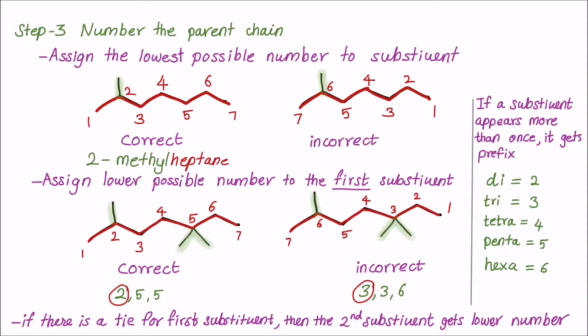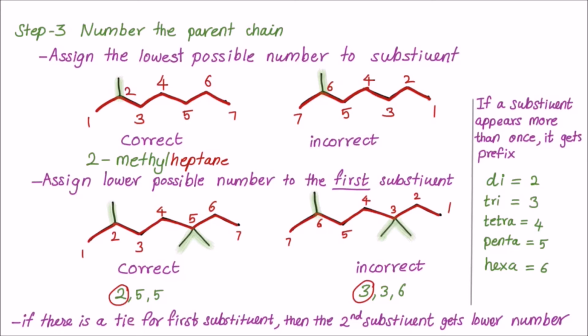And let's name the top structure. 2 is the location of the substituent, methyl is the name of the substituent, and heptane is the name of the parent chain. The complete name is 2-methylheptane.